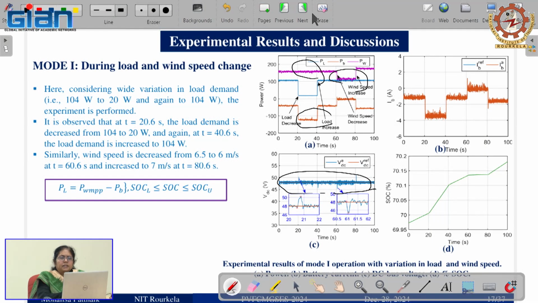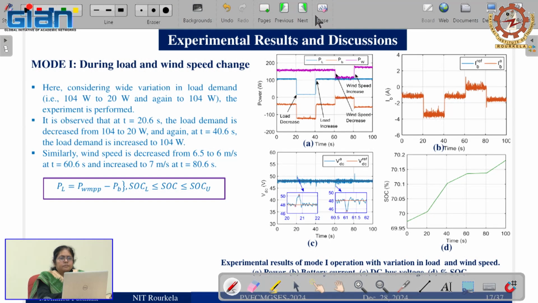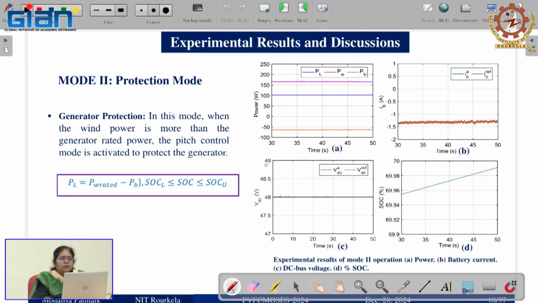Then comes mode 2, the battery protection mode. In the battery protection mode, here we have considered the SOC is within the limit, so that's why we are able to regulate the DC bus voltage. Here we have the load power of 100 watt, and correspondingly we are limiting the wind power also.